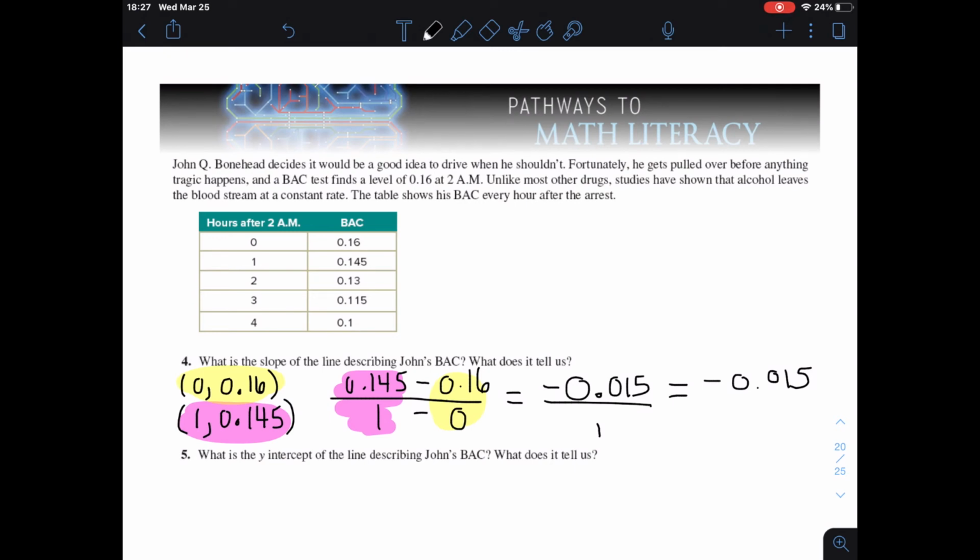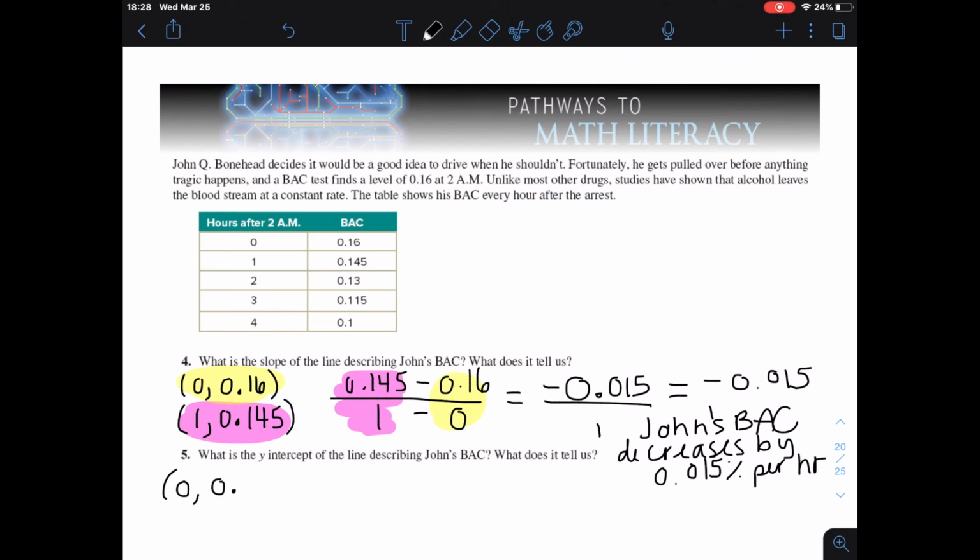So this is telling us that John's blood alcohol concentration decreases by 0.015% per hour. Okay. Now our y-intercept for this graph after 0 hours is 0.16.